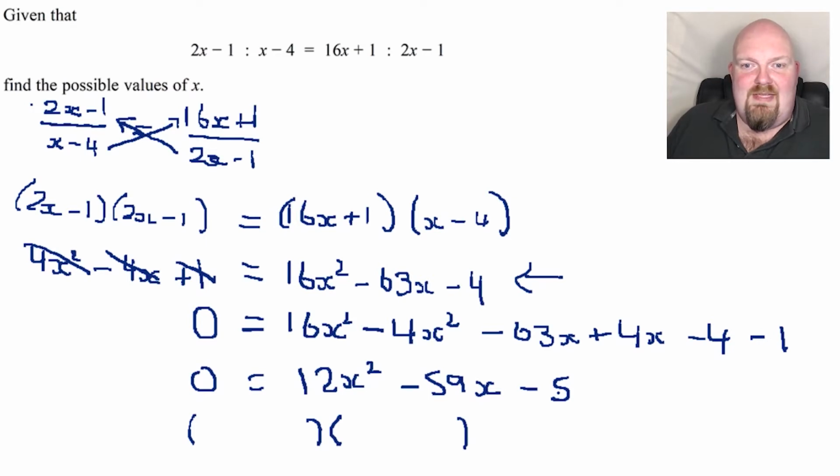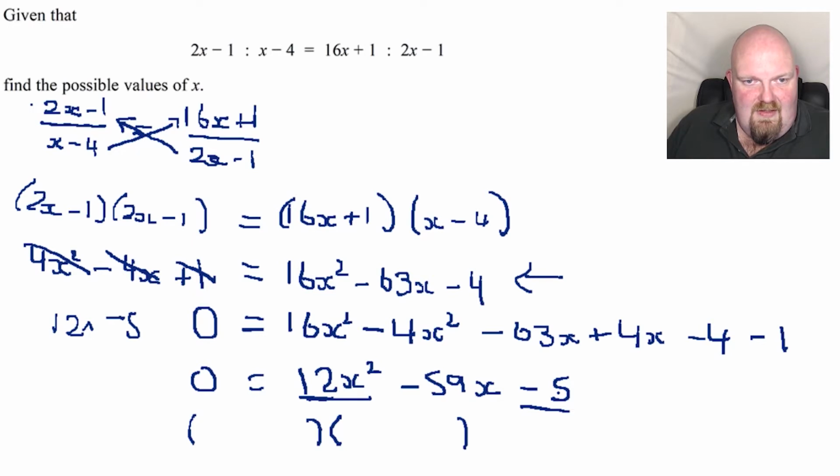Okay, so the next stage with this is I need to start to factorise. Now if I look, I've got a coefficient of x squared, which means that what I need to do is 12 multiplied by negative 5. So 12 times negative 5 equals negative 60. So what I'm doing, let's just cross these off so we know they're clear.